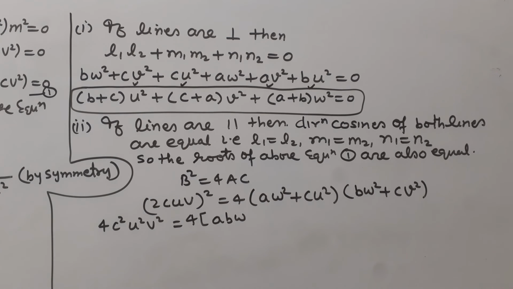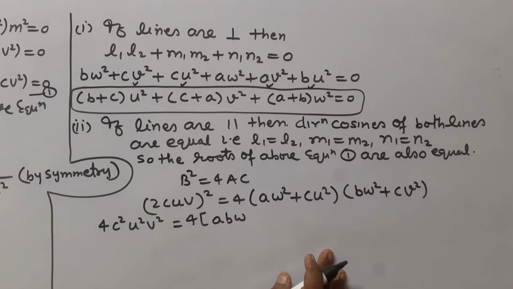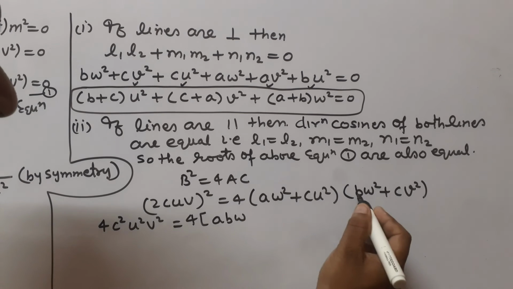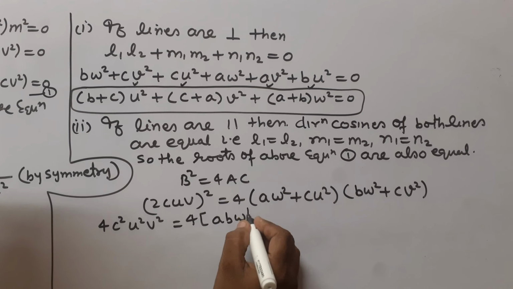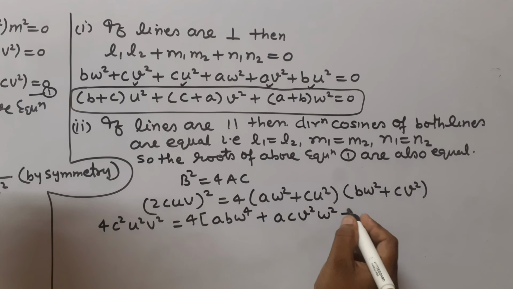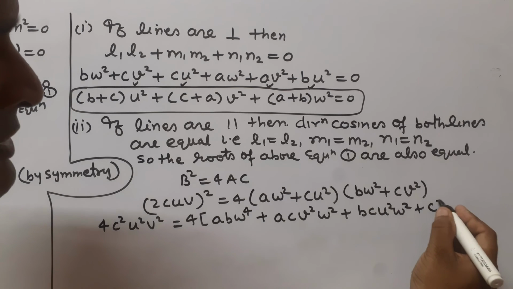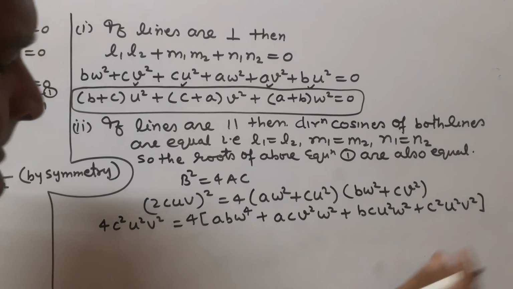Now we multiply this a w square by b w square, so we get a b w to the power 4 plus a c v square w square plus b c u square w square plus c square u square v square.